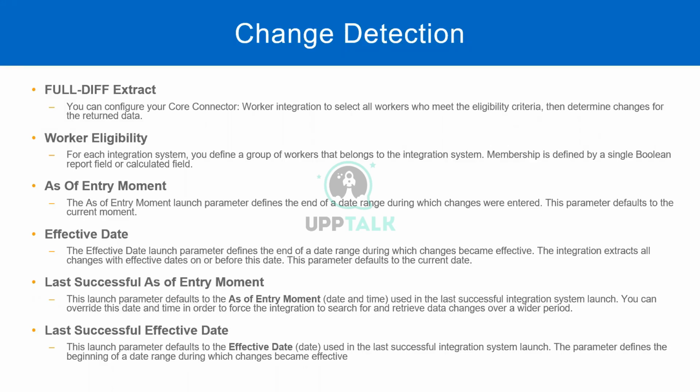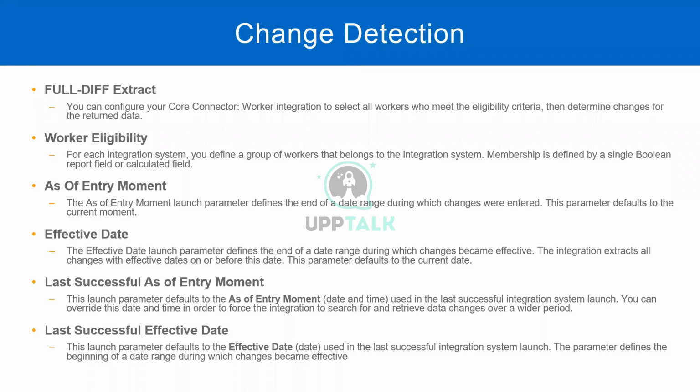We will create a calculated field, which is a true-false field, or we will use an existing field, which is a true-false, or Boolean field. For example, I want only my list of active workers. Not prior workers, not former workers, not terminated workers, not future hires, not the workers who are on leave, on a long leave, on a leave of absence.